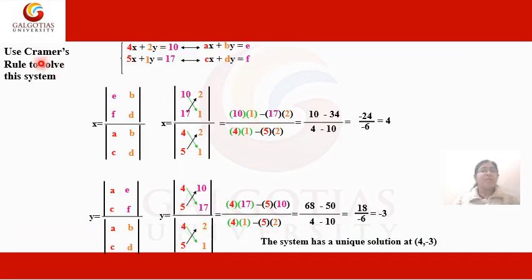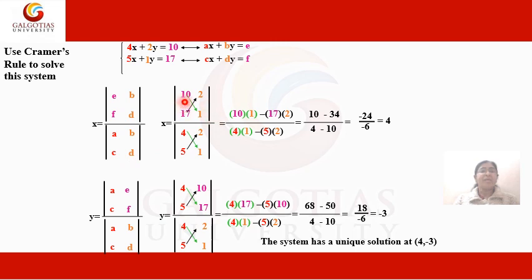For example, use Cramer's rule to solve this system: 4x plus 2y is equal to 10, 5x plus y is equal to 17. How do you solve this system of linear equations? For this, x will be the determinant of e, f, b, d divided by the determinant of a, b, c, d.